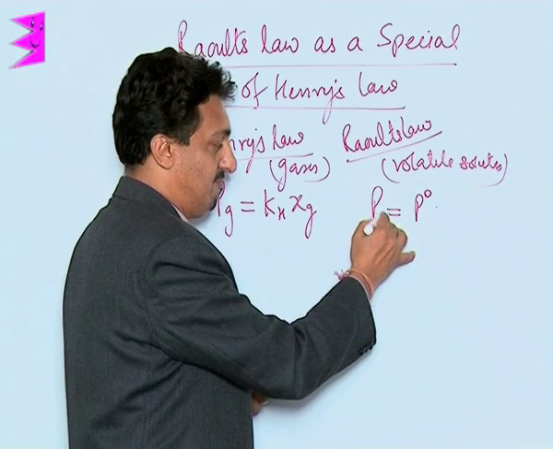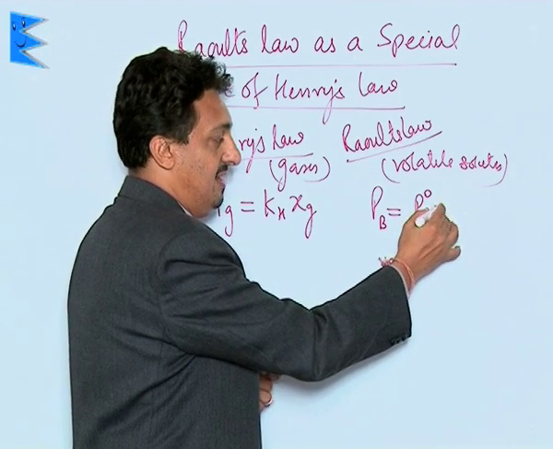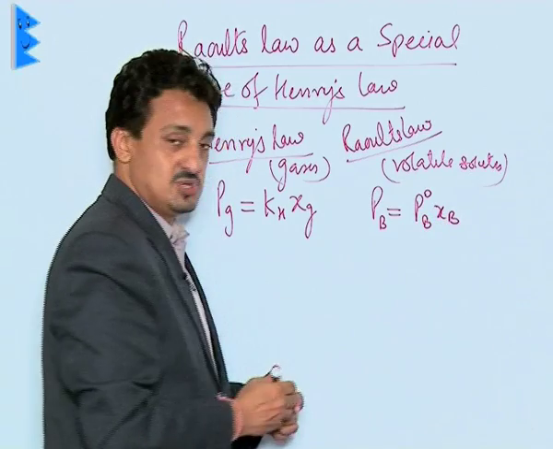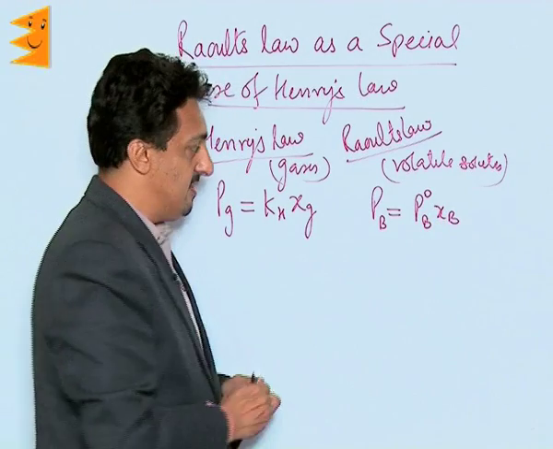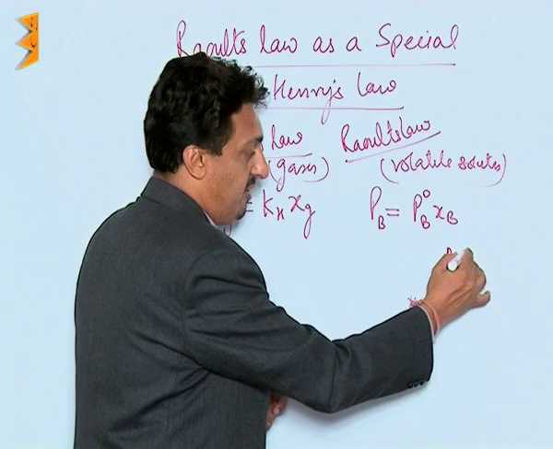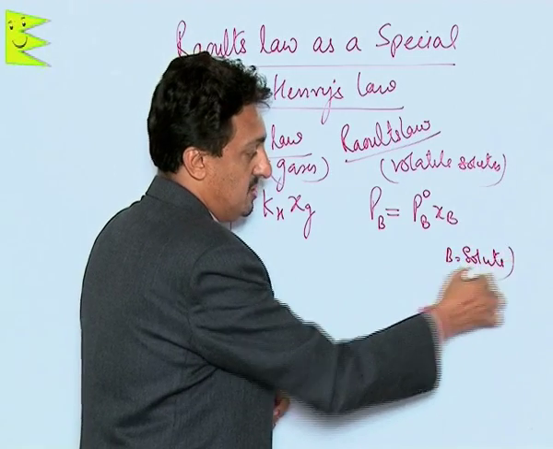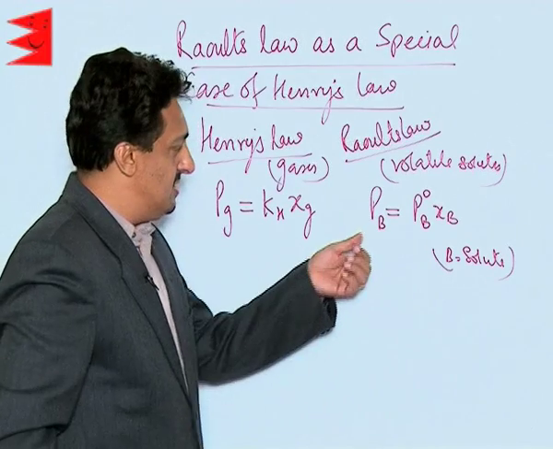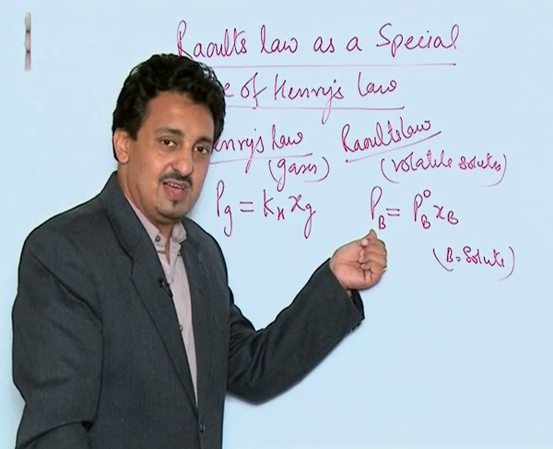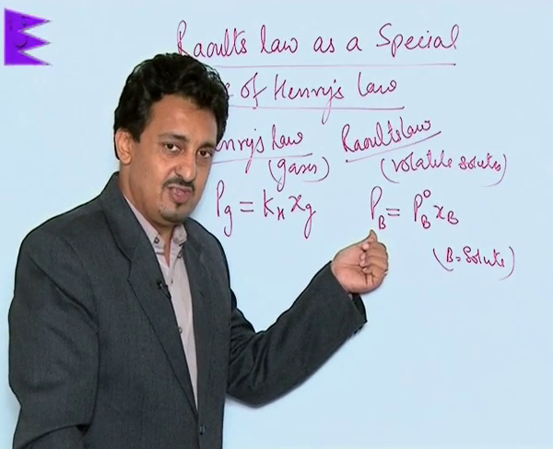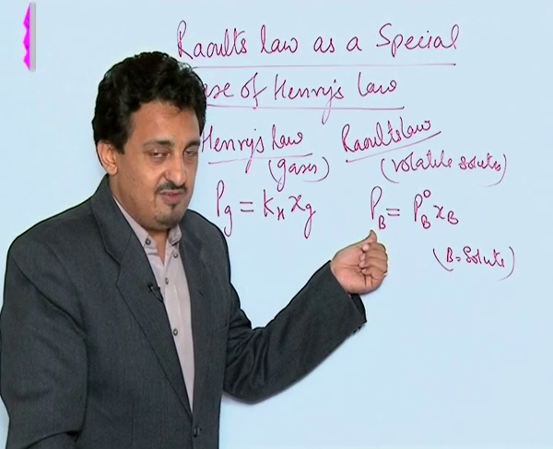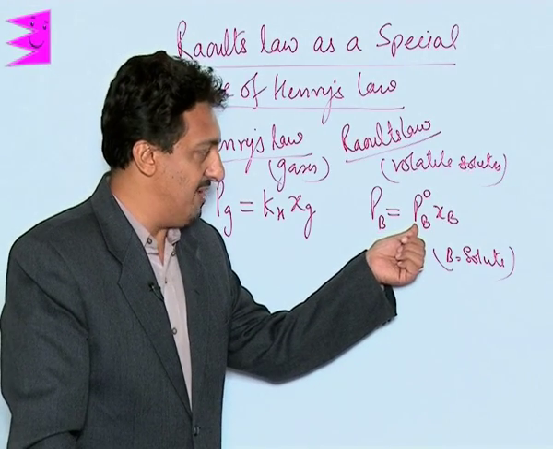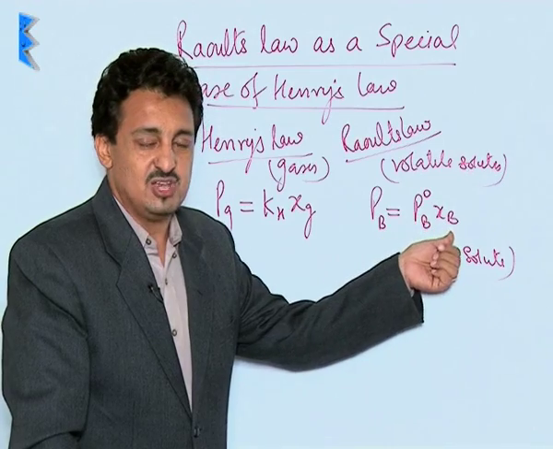Like if this is B, this will be B, and it's their mole fraction in the solution. Here the B symbol is for the solute, which is actually your volatile solute. So the partial pressure of any volatile solute component in the liquid solutions is always equal to the product of their vapor pressure in the pure state and the mole fraction in the solution.